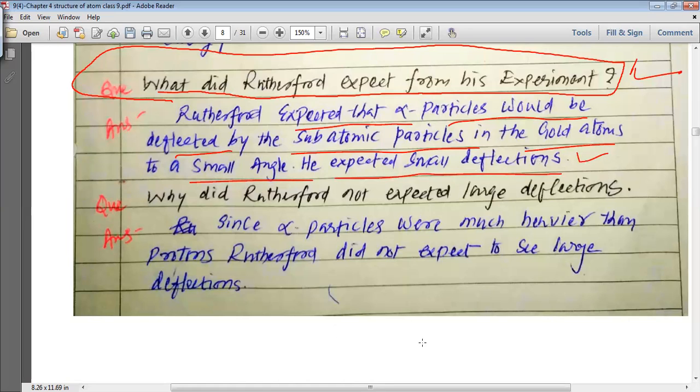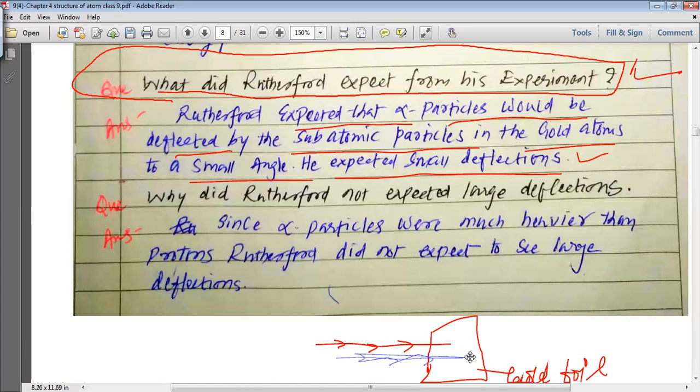Suppose this is the gold foil. Rutherford thought that if he incident these alpha particles, or alpha rays, on this gold foil, they would move in some other direction.